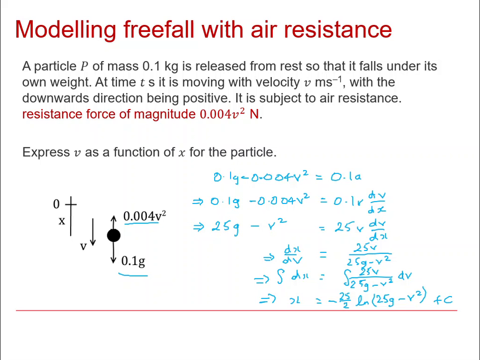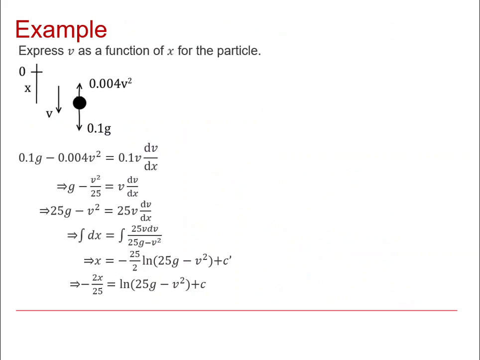I called what I introduced a c dashed here, and then when I multiply it by minus 2 over 25, I've called that the new c. So the long and the short of that is that we've got an integrated equation, and we need to determine the constant.